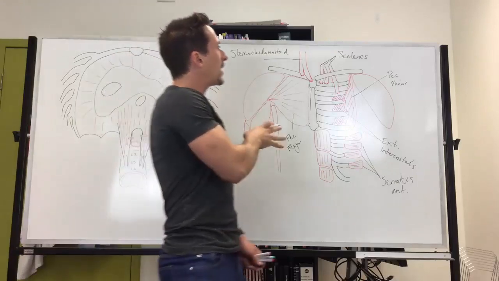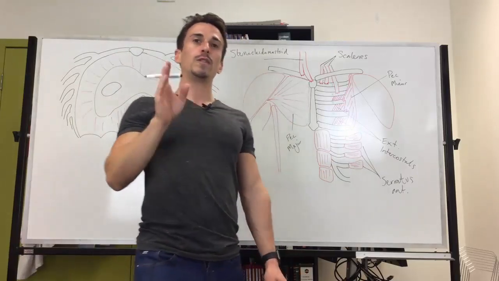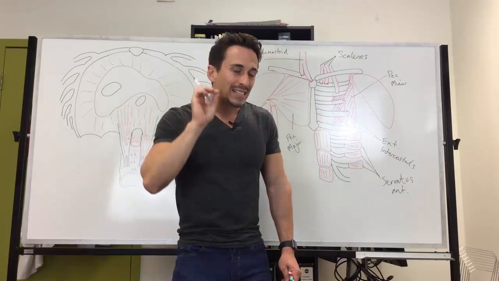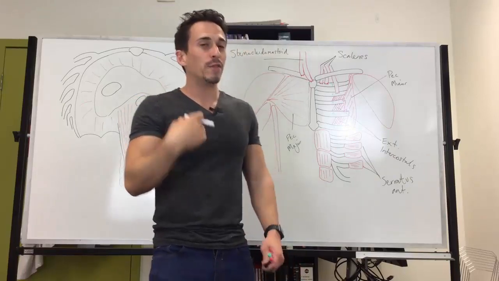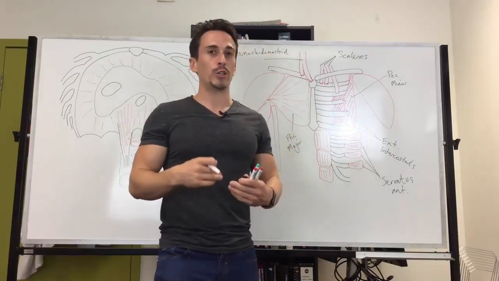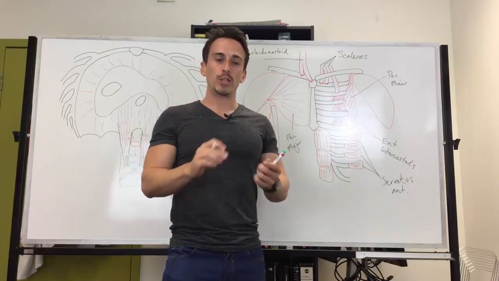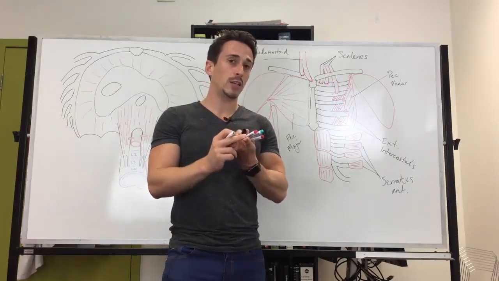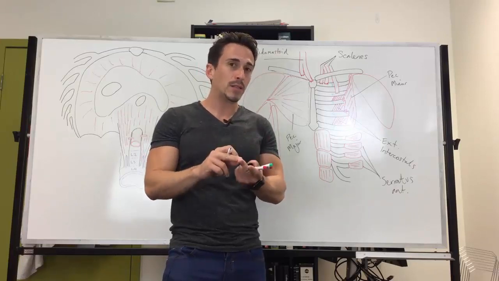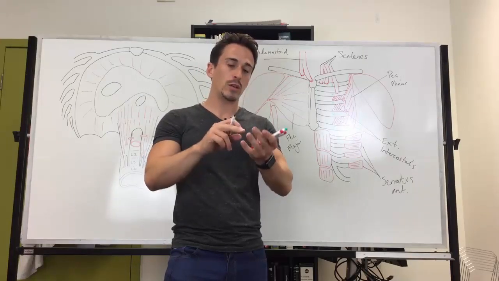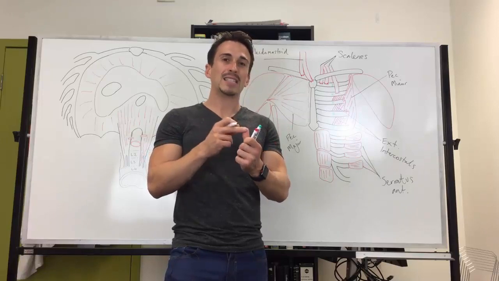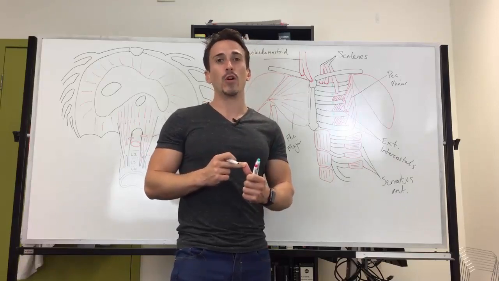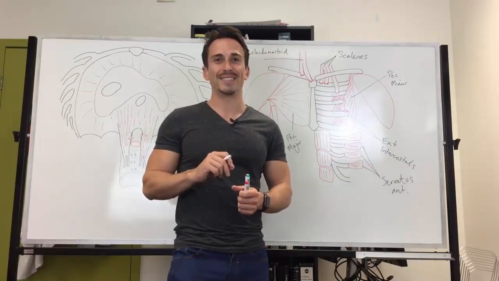So these are the major accessory muscles involved in forced inspiration. Quiet inspiration: diaphragm and external intercostals. Forced inspiration: definitely external intercostals, the pec muscles, the sternocleidomastoid, serratus anterior, and scalenes. These are the muscles involved in inspiration.